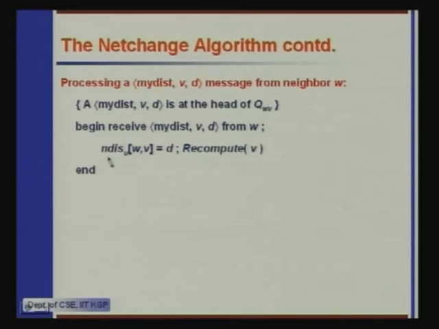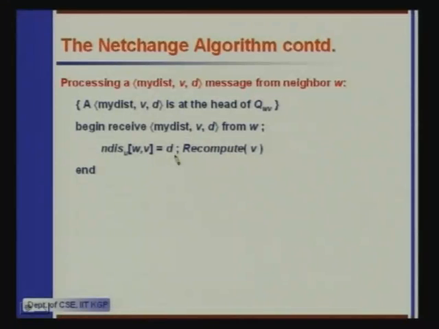Okay. So we put that here, but now that the distance from W to V has changed, it is possible that my distance to V has also changed. It is possible in two ways.